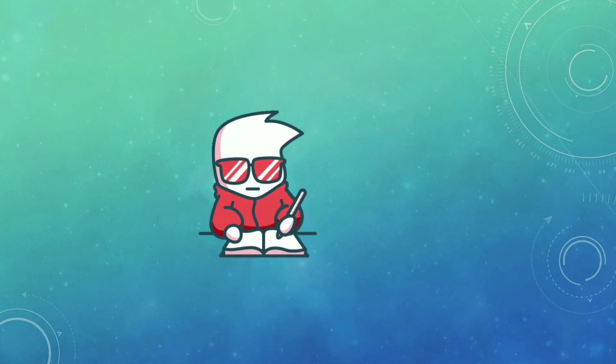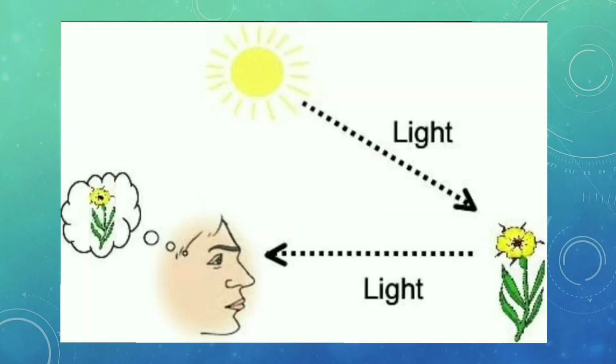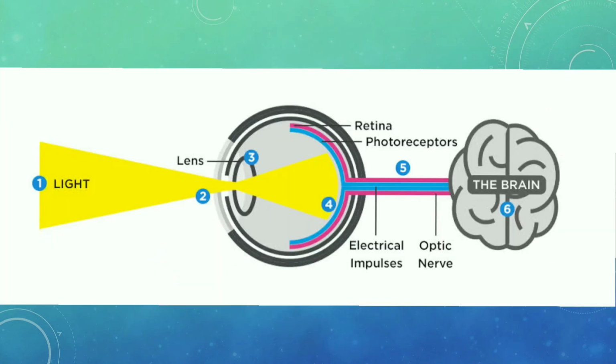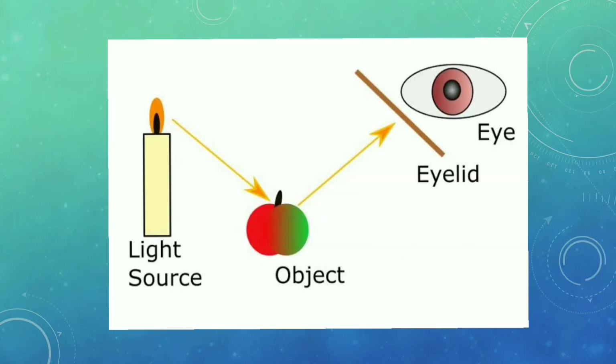Hope you understood that your eyes alone cannot see the objects. It is the light which helps you to see the objects. Understood? So, an object becomes visible when light emitted or reflected by it reaches our eyes.